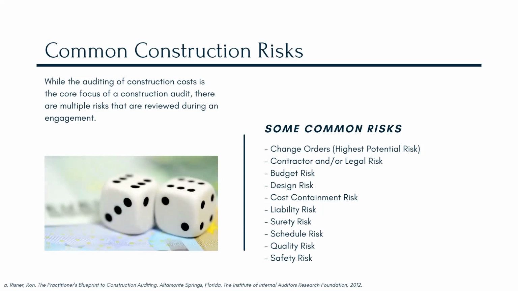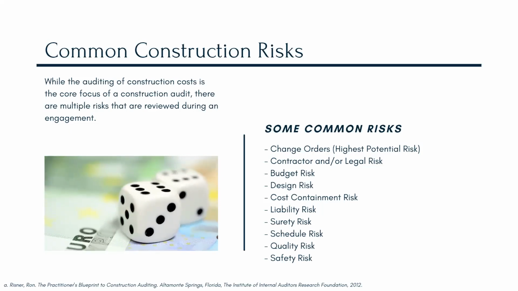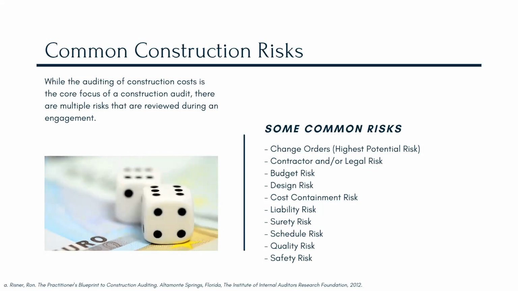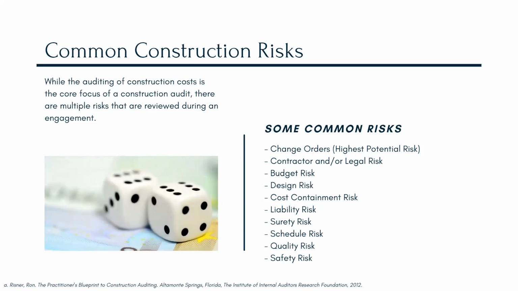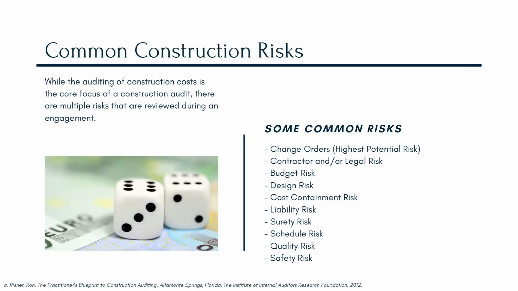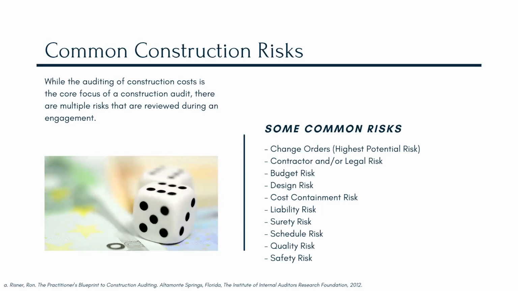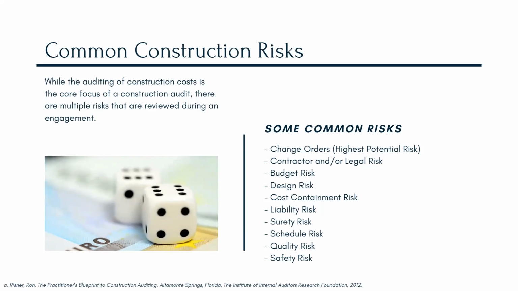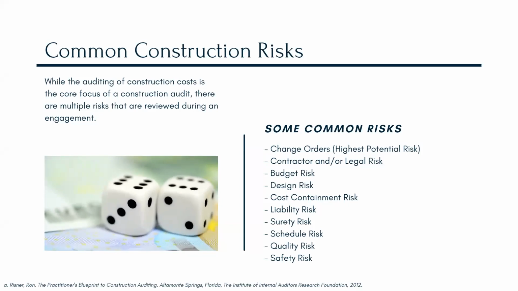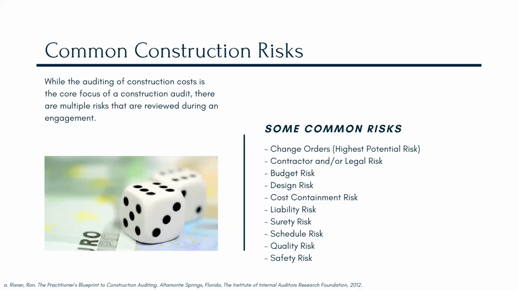The contractor and legal risk, again, this looks at the nature and the base of the written documents themselves, the contracts themselves. And through an audit, as the contract itself is reviewed, building out a risk matrix based solely on the construction contract helps identify, or at least flag, potential risk areas that often get forgotten or overlooked once you get into the billing details side of the project, where you're looking at errors in the billings.